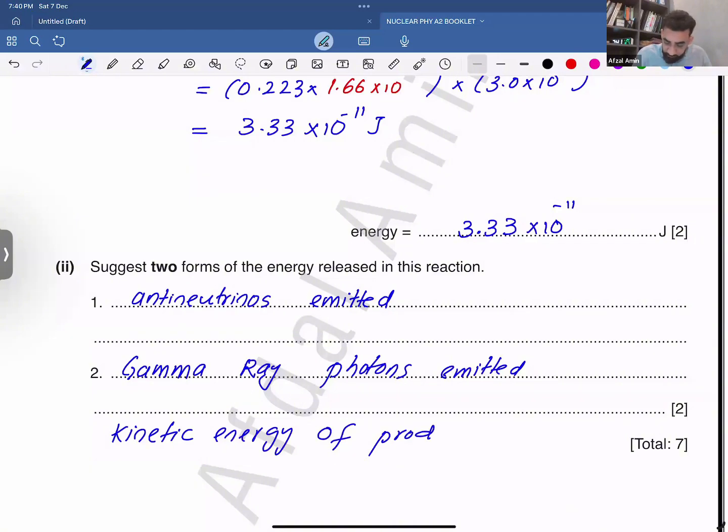Perfect, my dear. So these are the different forms which are released during nuclear reaction. Let's proceed to the next question.